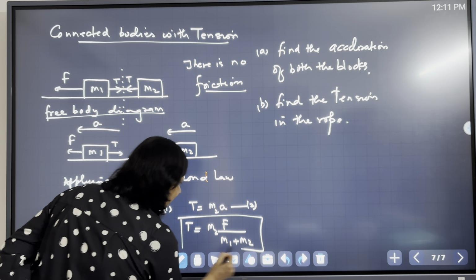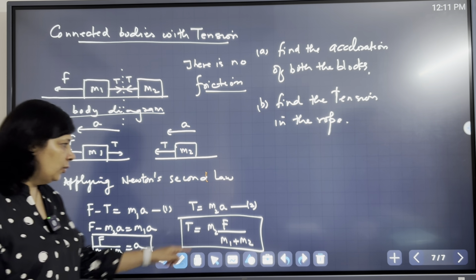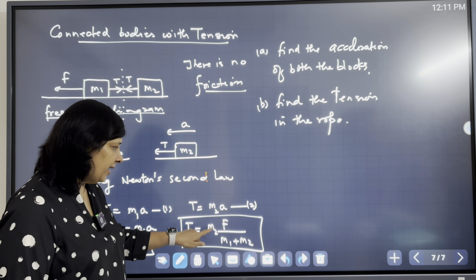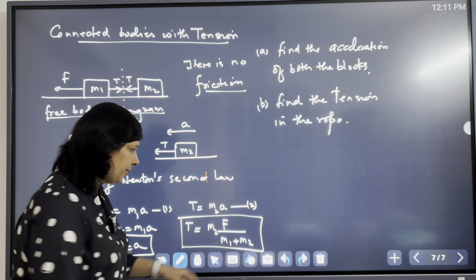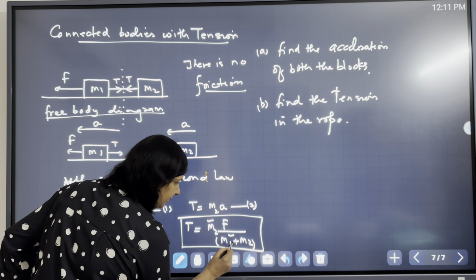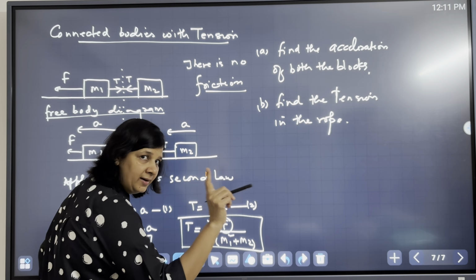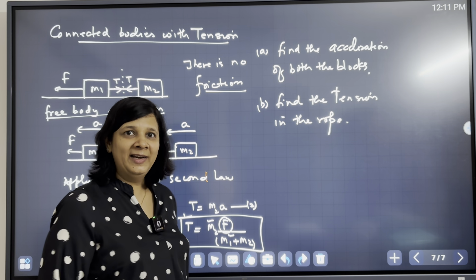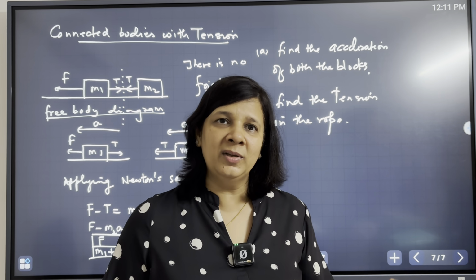Okay, what is the use of calculating in symbols? You can check the dimensions of tension. On the right hand side, numerator has a dimension of mass, denominator has a dimension of mass, right? They both will cancel. Only the dimensions of force are left on the right hand side, and the left hand side is also the tension. It has dimensions of force. So the dimensions are correct.